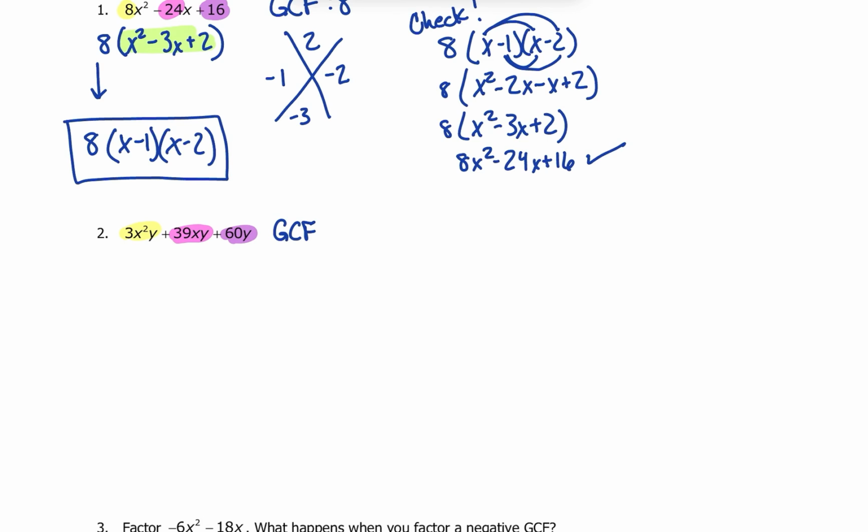But if you also notice, not only is there a 3 in each of them, there is also a y in each of those terms. So we're going to factor out a 3y.